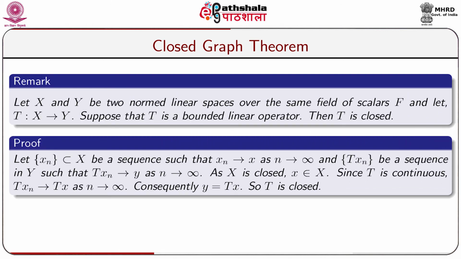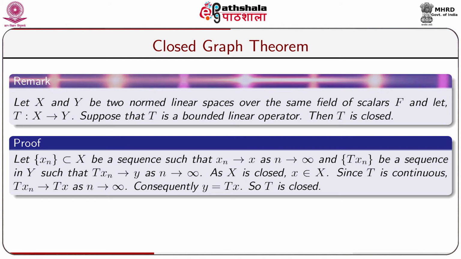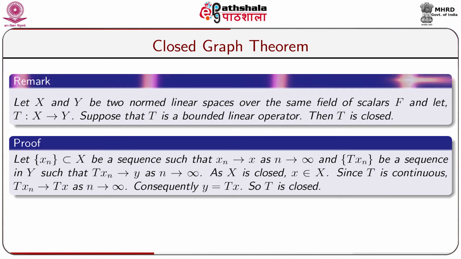So in this regard we get a remark. Let X and Y be two normed linear spaces over the same field of scalars F, and let T from X to Y be a linear operator. Suppose that T is a bounded linear operator, then T is automatically closed.